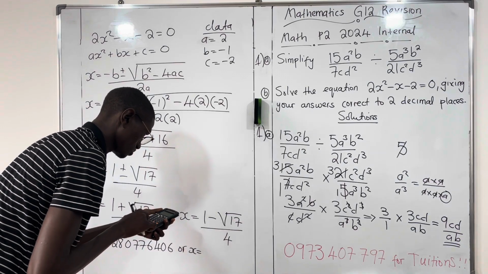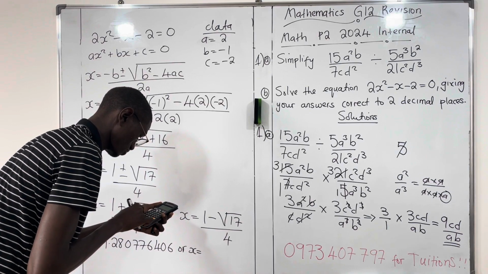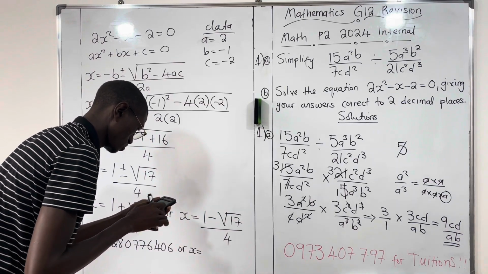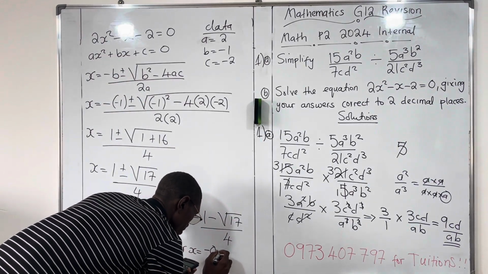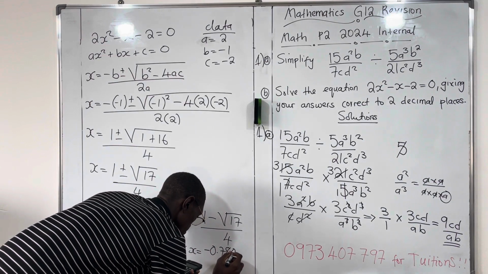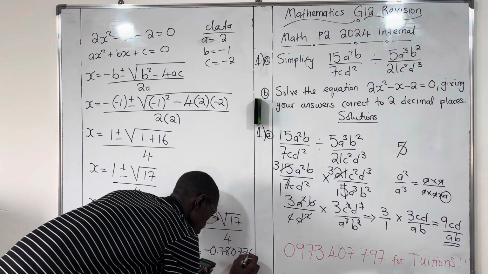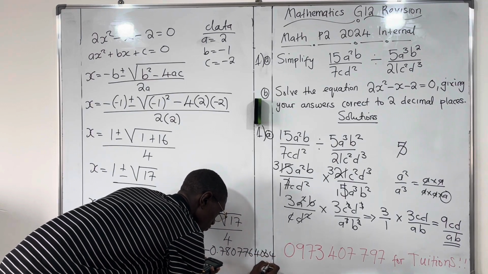So fraction 1 minus the square root of 17, everything over 4. Okay, this gives me negative 0.780776406.